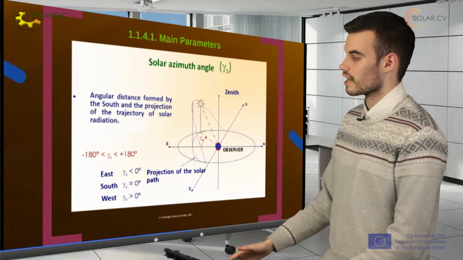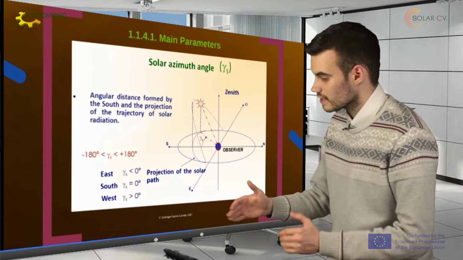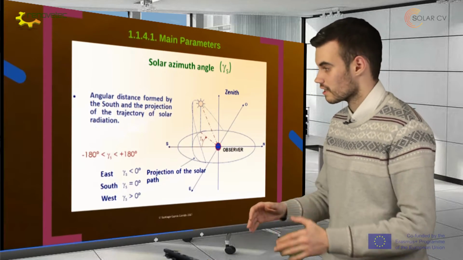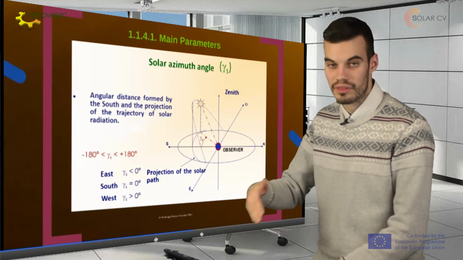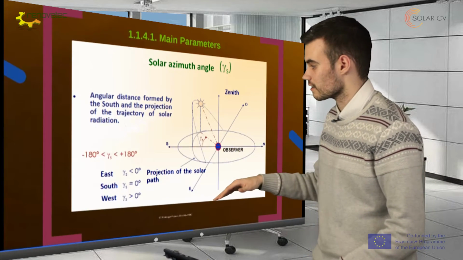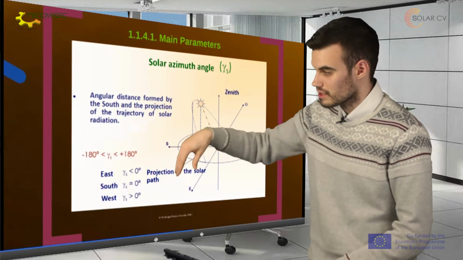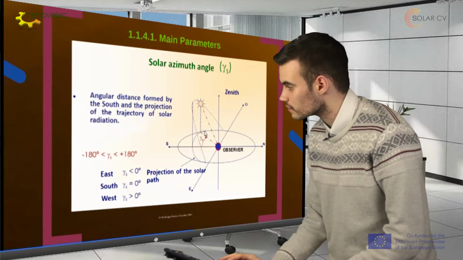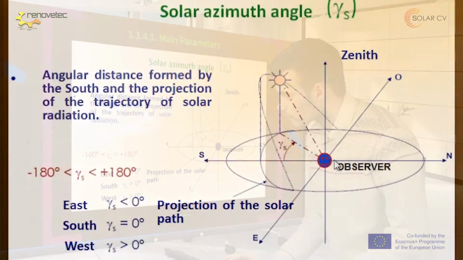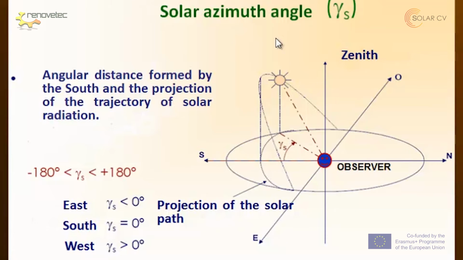Another angle is solar azimuth, and this is the opposite, from north-south line to the projection of the horizontal line, i.e. from this point to the observer.